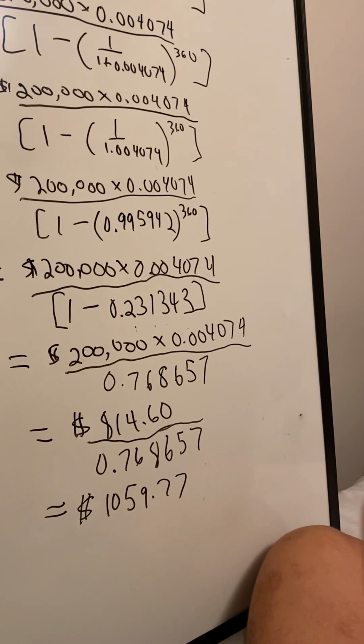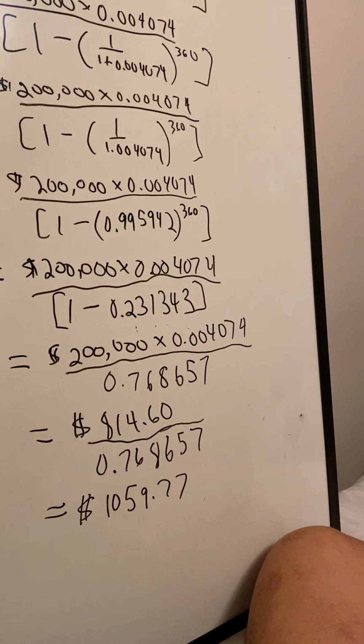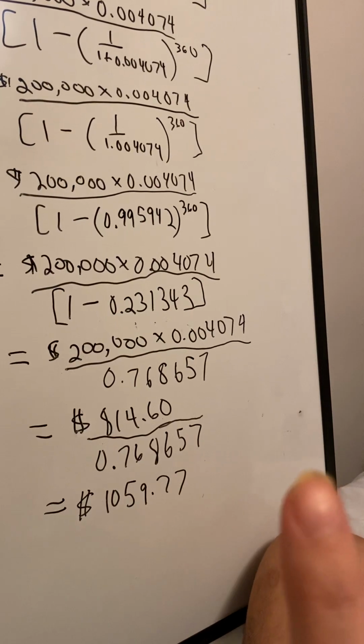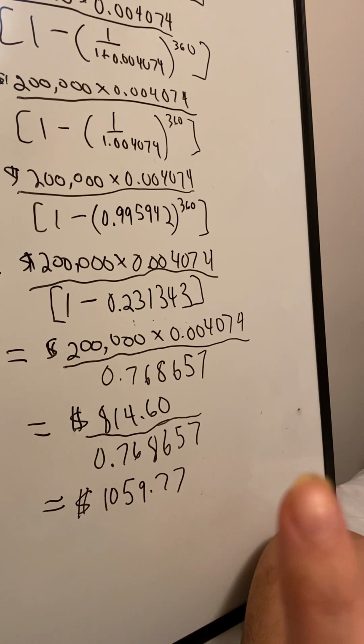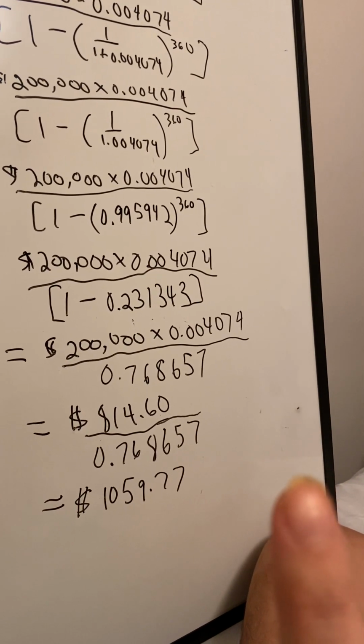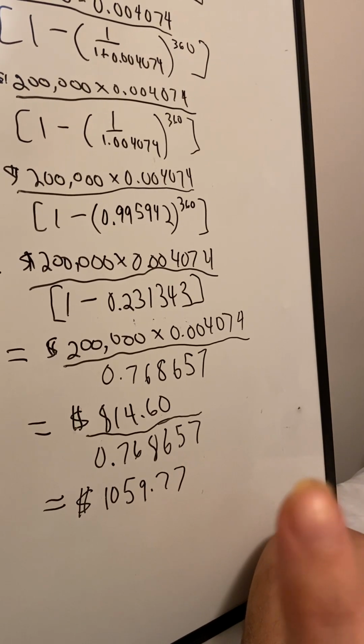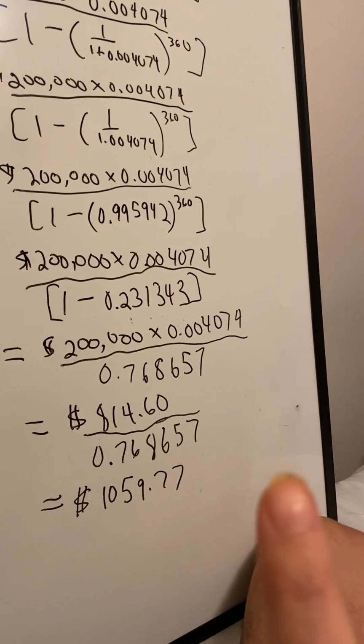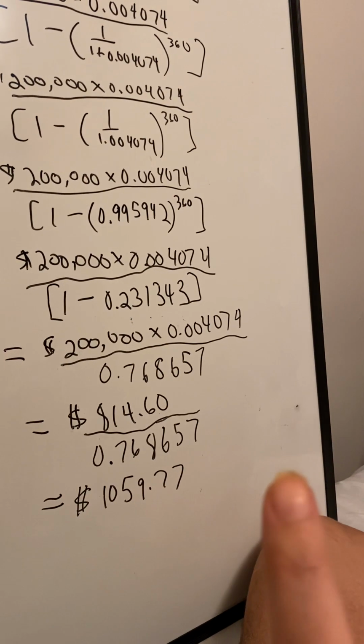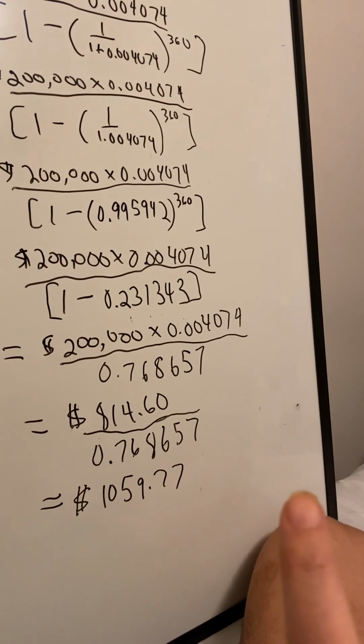Now remember, the loan that we took out was $200,000. That's the loan that the bank gave us for the house. Now we have to pay.